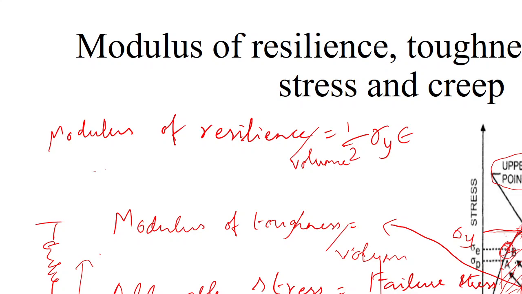At low temperatures, you will have some creep value which we can neglect for our applications. Whereas if the same material is subjected to high temperature, then you can't neglect the creep value.